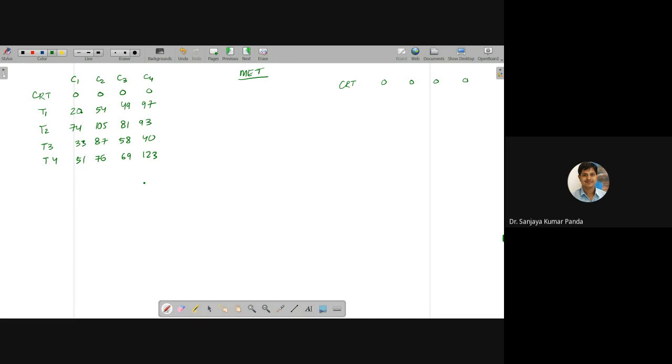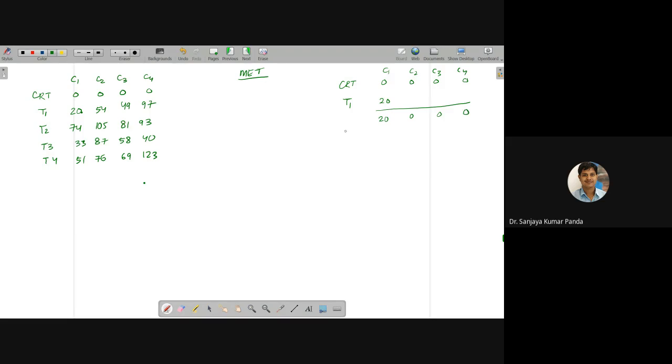If you look into T1, it is taking 20, 54, 49, and 97 units of time, out of which the minimum is 20, in cloud C1. So task T1 is assigned to C1, which is going to take 20 units of time. Now the ready times of the 4 clouds are updated as 20, 0, 0, 0 respectively.